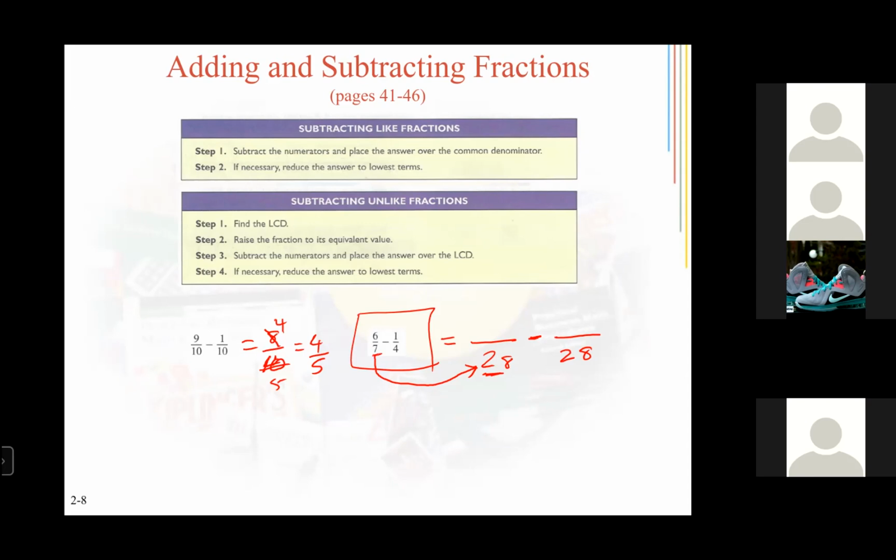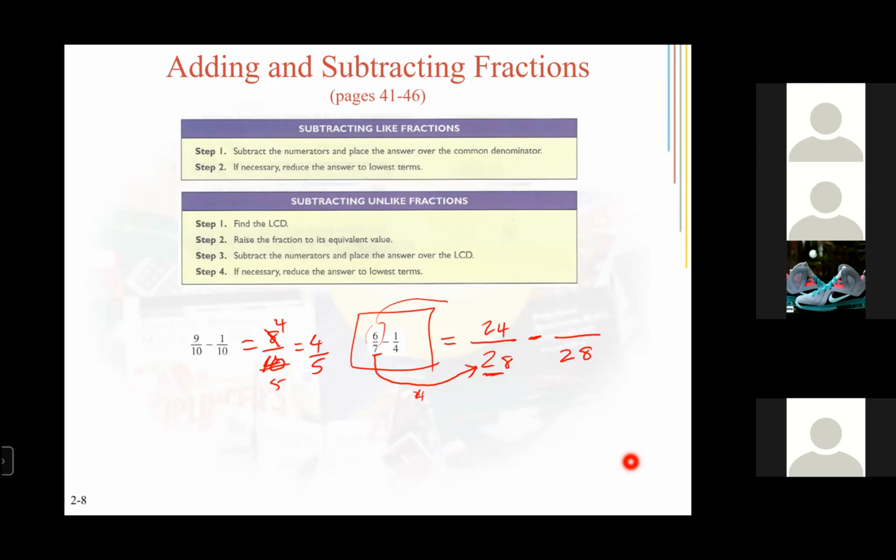You said 7 into 28 was 3, but I was telling you that 7 times 3 is 21, so it's not 3. What are you going to multiply 7 by to get 28? 7 times 4 is 28. 4, right? So you're multiplying by 4. You have to do the same thing with the 6. 4 times 6 is 24. So that should be 24.